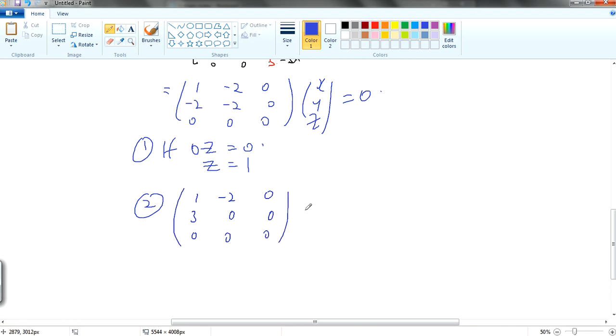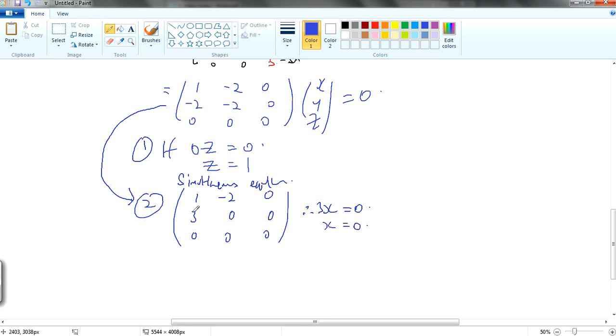Okay, so it comes from here. Therefore we just write simultaneous equation, and therefore you will see that x is equals to 0. Okay, 3x is equals to 0, x is equals to 0.